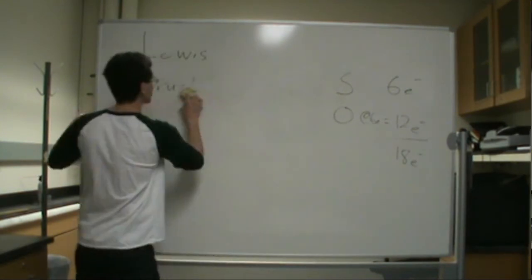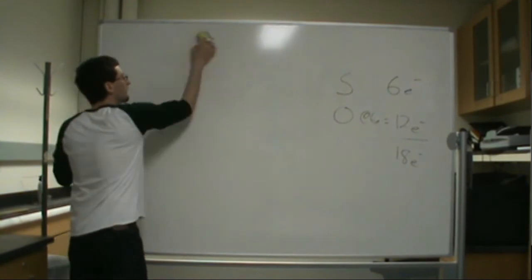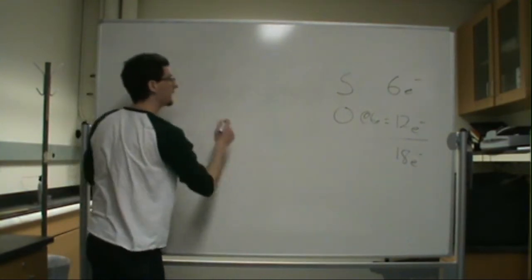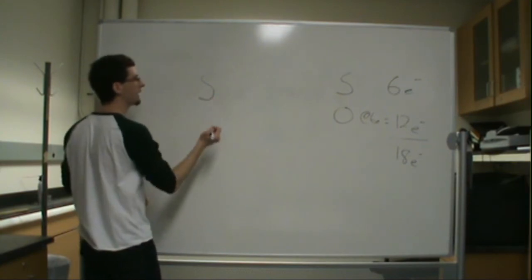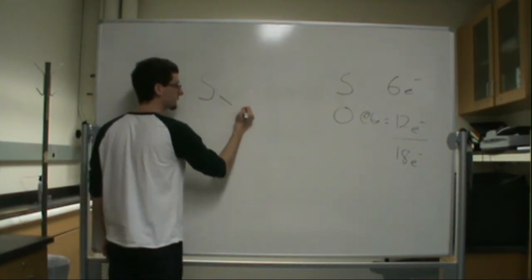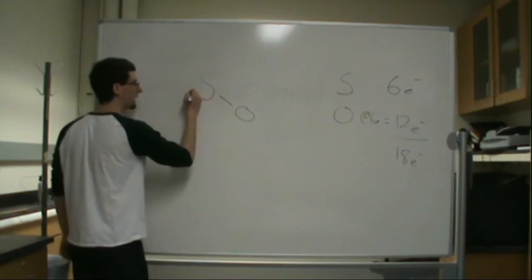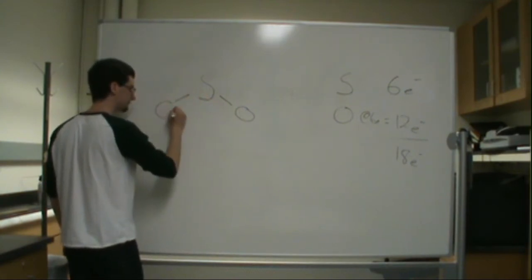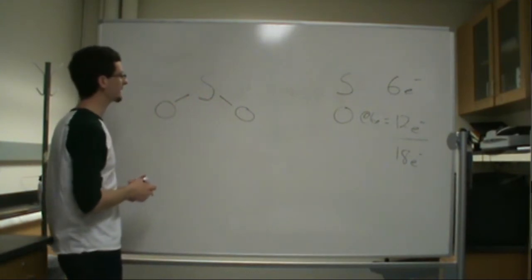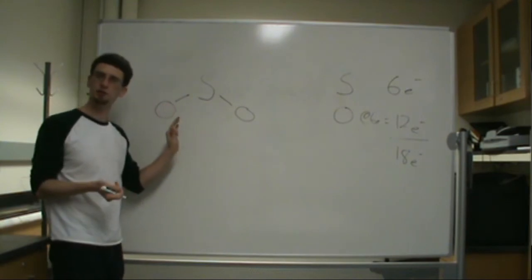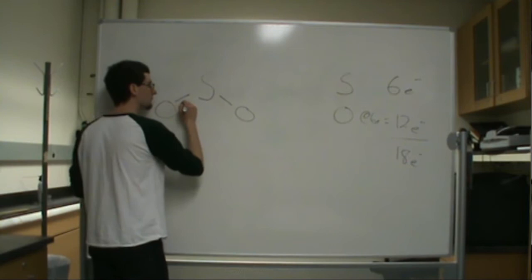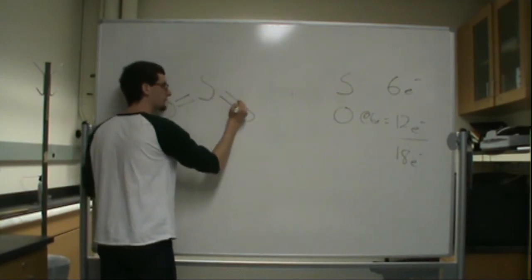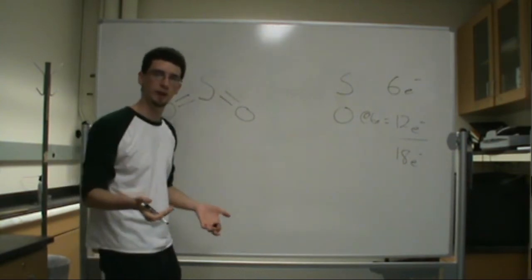So, let's see. We have our sulfur here. What I do is first draw single bonds to whatever atoms we're looking at. And then I say, hey, I know oxygen most likely has a double bond, so I toss in a double bond. How did I know that?